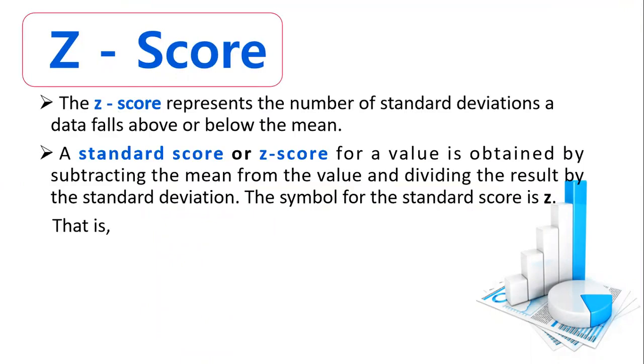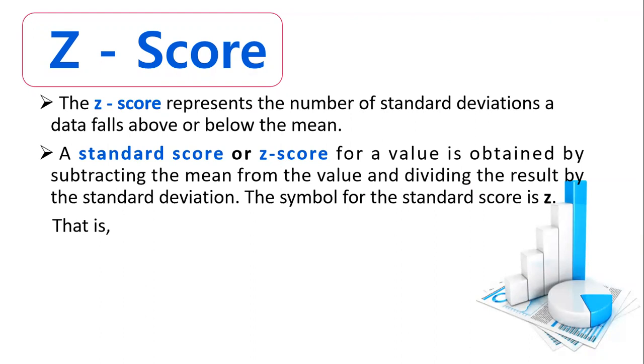The Z-score, which is the fourth measure of relative position, represents the number of standard deviations a data value falls above or below the mean. A standard score or Z-score for our value is obtained by subtracting the mean from the value and then dividing the result by the standard deviation.